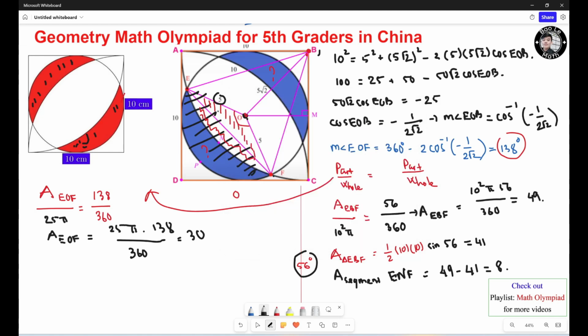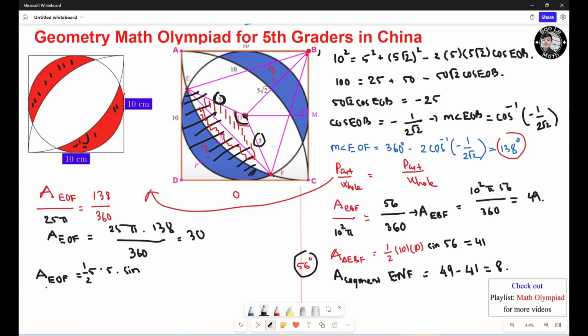Now we need to calculate the area of the triangle EOF. The area of the triangle EOF is going to be equal to 1/2 times 5 times 5 times the sine of angle O. Angle O, EOF, we got it right here.